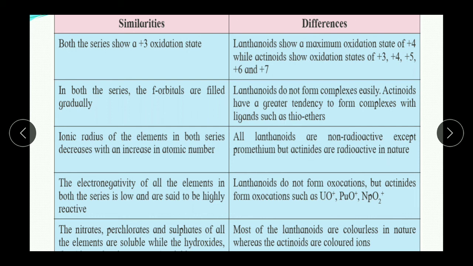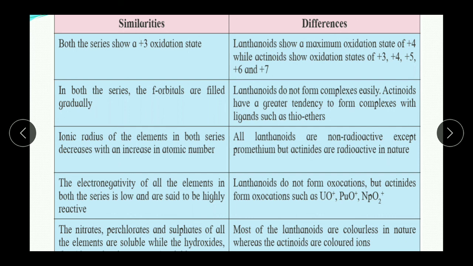We have seen in detail the coordination compound formation tendency of actinoids. So actinoids have a greater tendency to form complexes with ligands. So a ligand gets attached to the central metal atom and they form a complex compound. And this tendency is more in actinoids than lanthanoids.